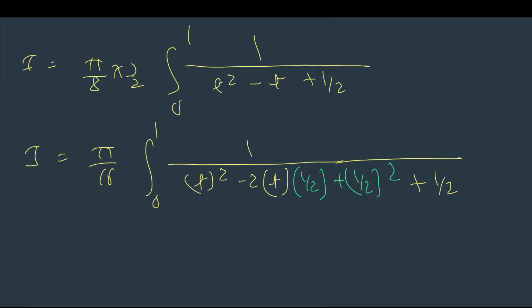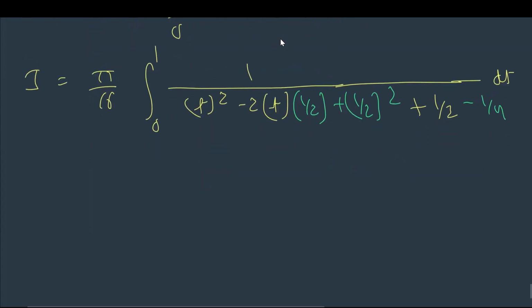And as you can see, I have added a half square, so I must subtract half square, which is 1 by 4. And this is dt.